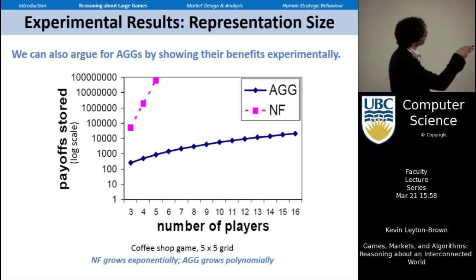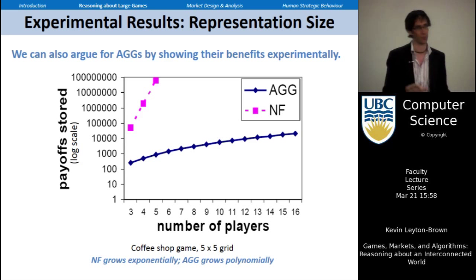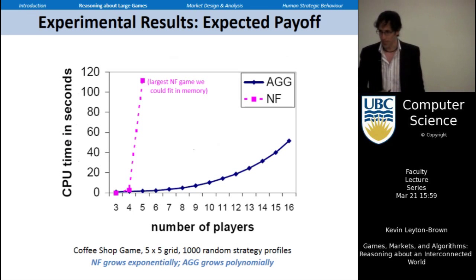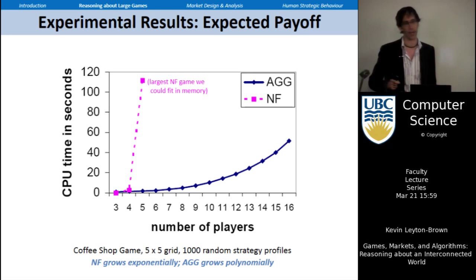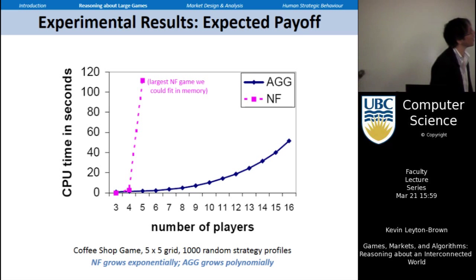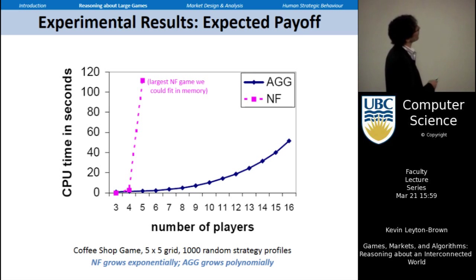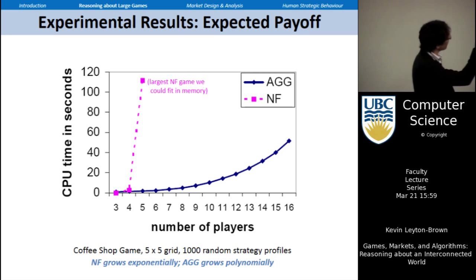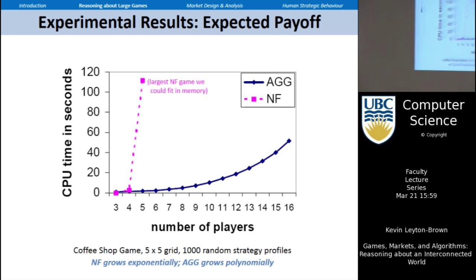Whereas action graph games are scaling polynomially, and in particular, they're scaling gently enough that we can represent pretty large games. We can go up to hundreds of players, and we're still only into megabytes. In terms of computation, now not looking at a log scale, so that you can see in a little bit more detail what's going on here.